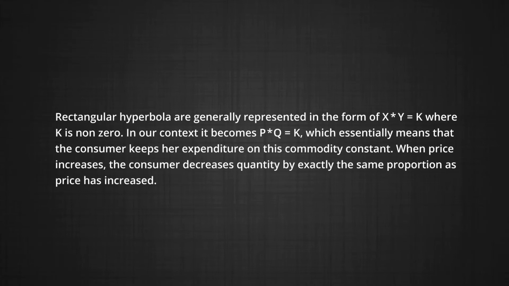In our case, this becomes P into Q equals k, which is the expenditure by any consumer on any commodity. So, this essentially means that the consumer keeps her expenditure on this commodity constant at some value k. When the price increases, the consumer decreases quantity purchased by exactly the same proportion as the price has increased.